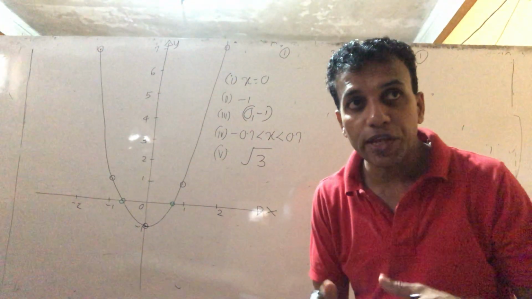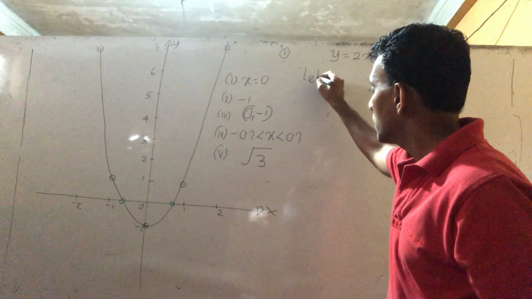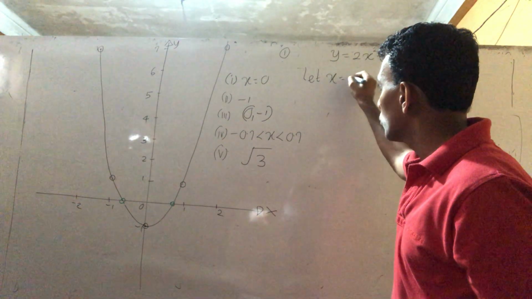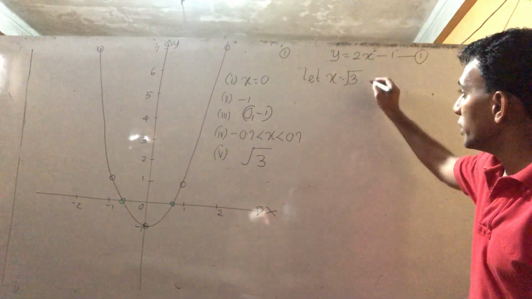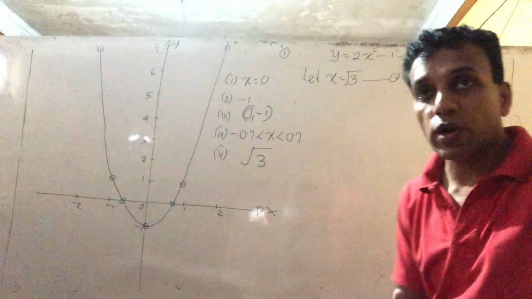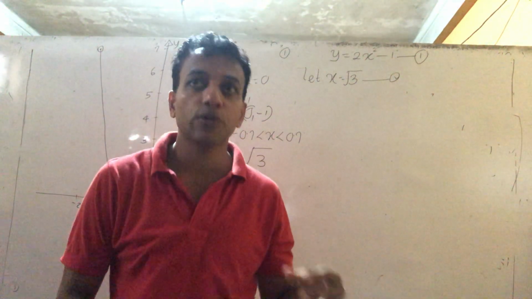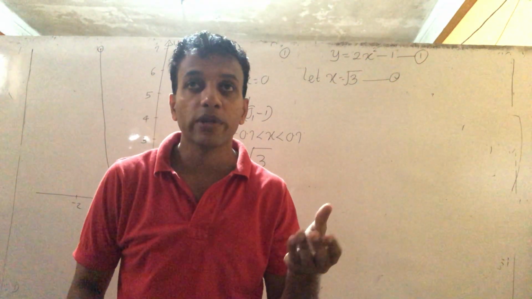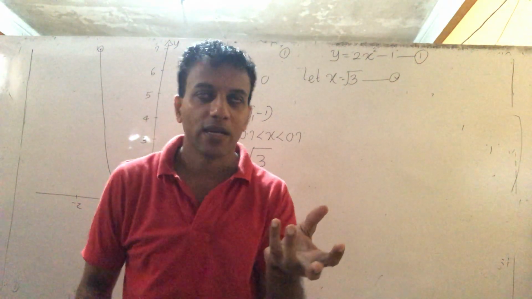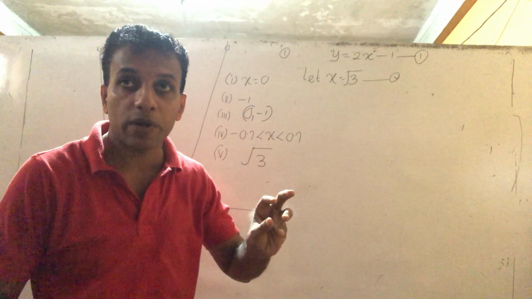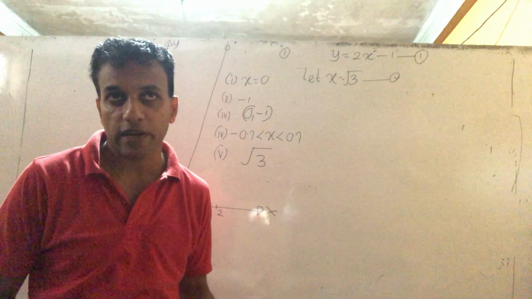Now you prepare a new equation: x equals root 3. If they ask square root 5, you take x equals root 5. If they ask square root 7, you take x equals root 7. If they ask square root 4, that is 2, and square root 9 is 3. Here we call it an irrational number. We cannot find the exact solution, so we find the roots using the graph.